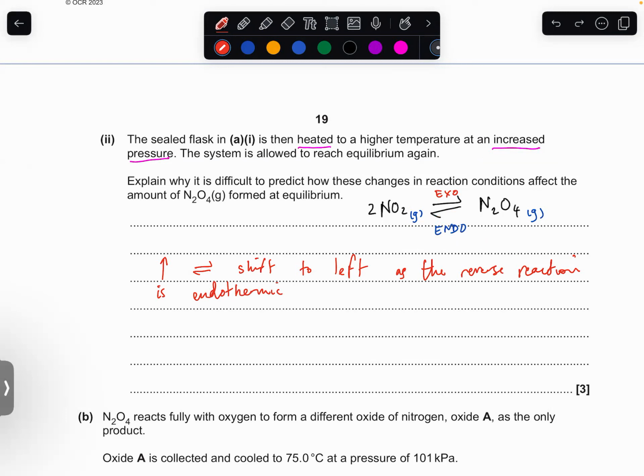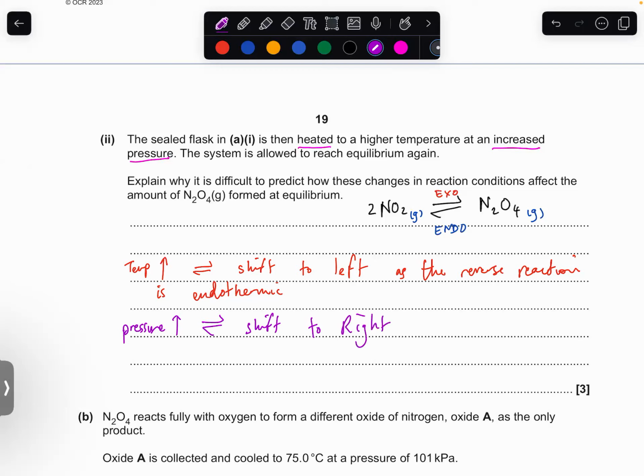Now, sorry, this was increasing temperature. By increasing pressure, the equilibrium, you've increased the pressure, it's going to try to reduce the pressure, counteract the pressure. The equilibrium will shift to the right-hand side.